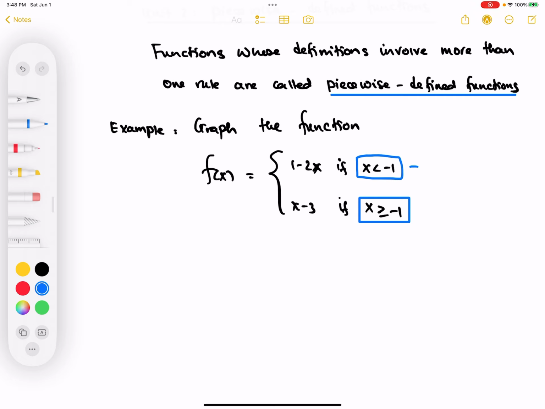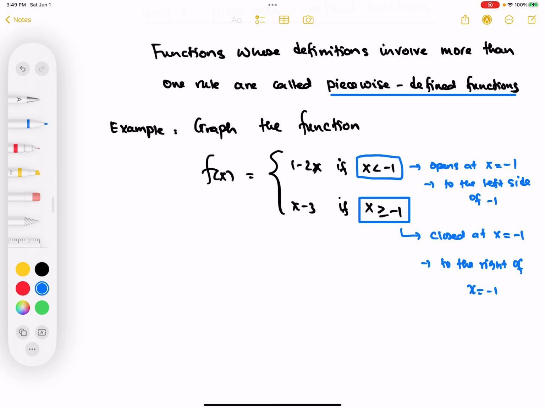This one is open at x equal to negative 1 and extends to the left side of negative 1. This one is closed at x equal to negative 1 and extends to the right of x equal to negative 1.